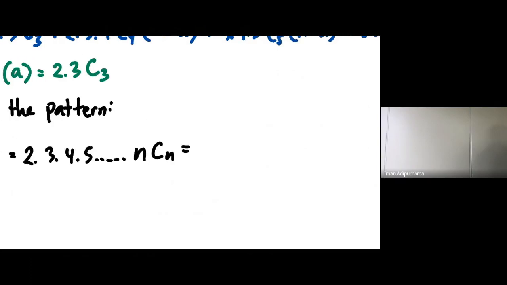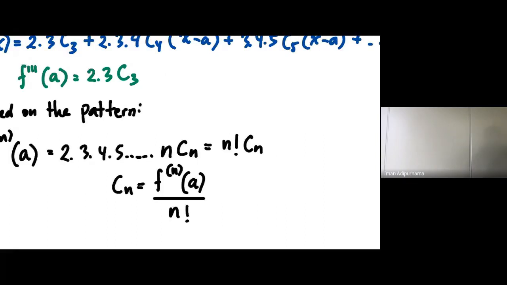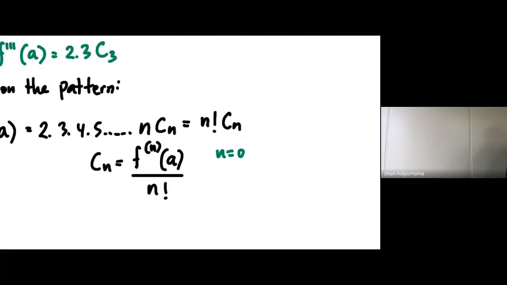Or you can say that this is n factorial Cn. And we can solve for Cn. We get f to the n of a, divided by n factorial. And this formula is still valid if you choose n equals 0, since 0 factorial is 1. So it's still valid if you start from n equals 0.